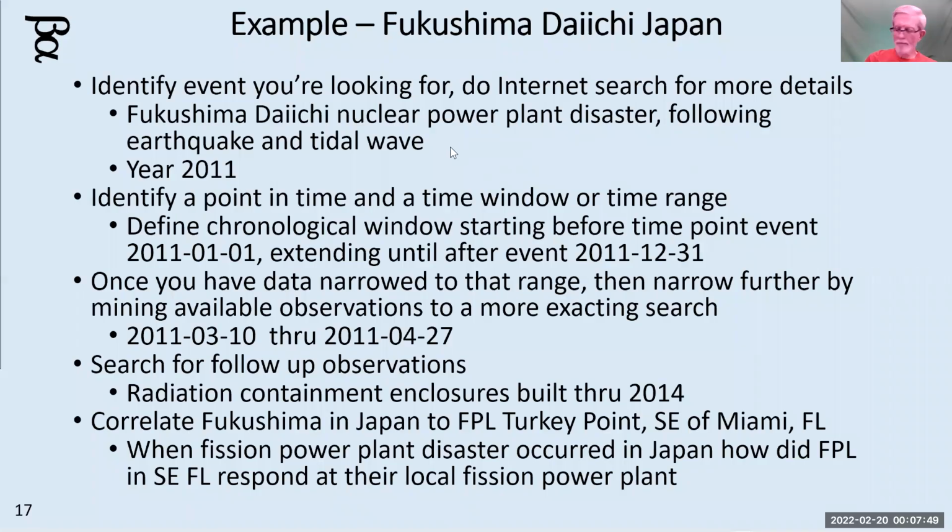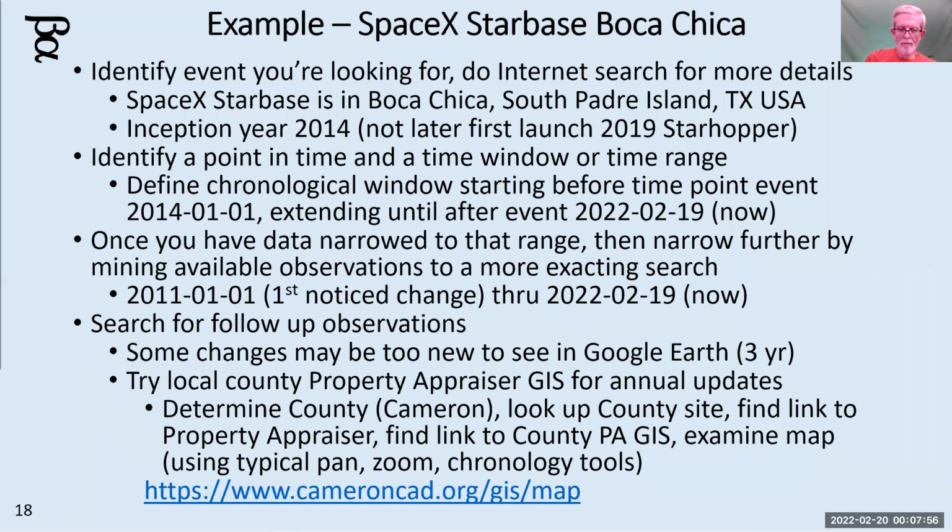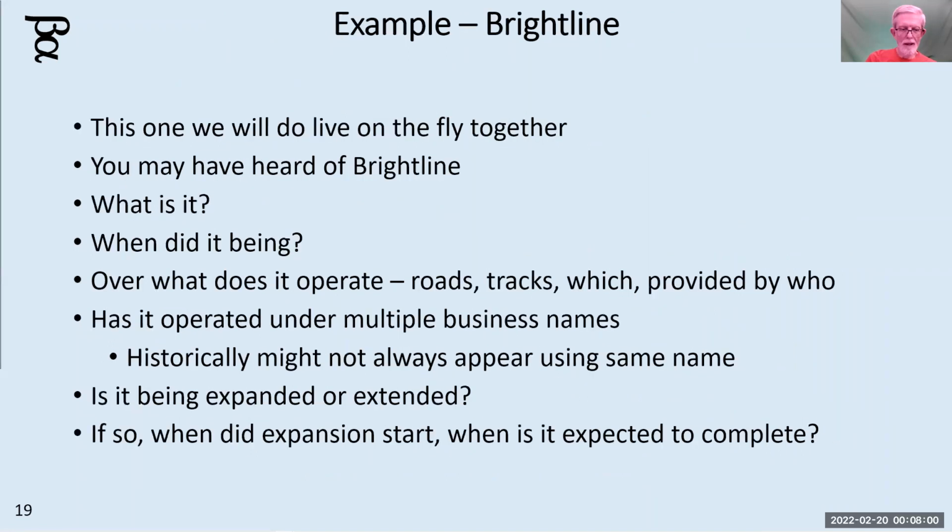Wood and yeah. So this is kind of cool that all the information that you can find from satellites is kind of free. Yep. And you can see through the timeline. So we've looked for correlation between things like what was going on in Japan when they had their reactor disaster, at the same time what was going on at Turkey Point in Florida.